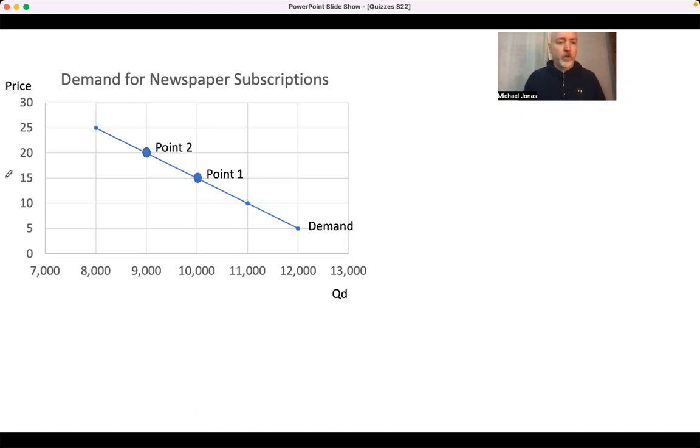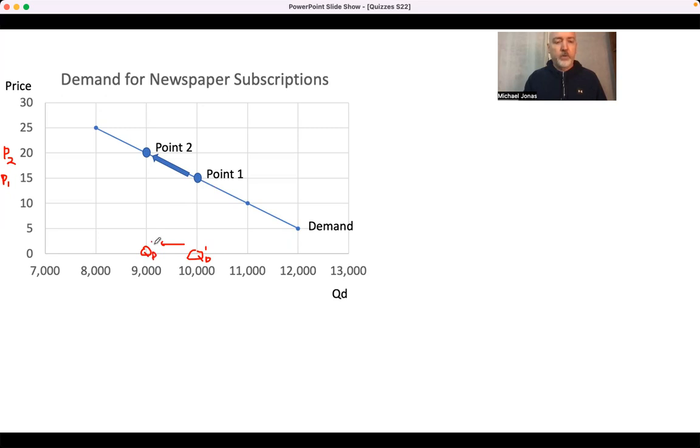So we're starting at our original price, call it P1, $15, which goes up to our new price, P2, of 20. We're moving up along that demand curve, and our quantity goes from its original, call it Q1 or QD1, 10,000, down along the demand curve to its new point, 9,000, which we'll call QD2.